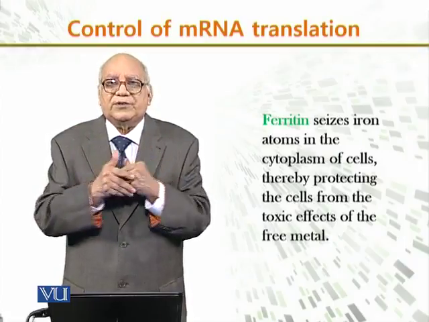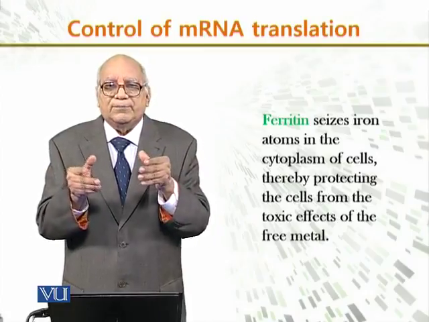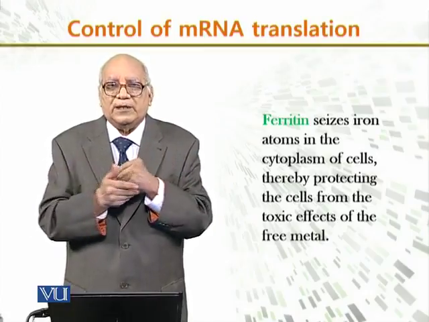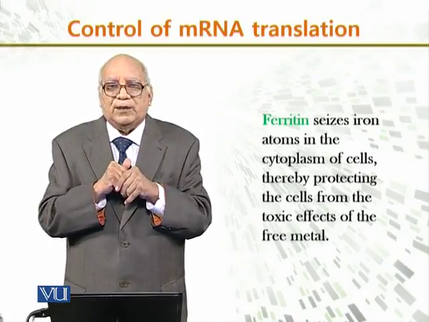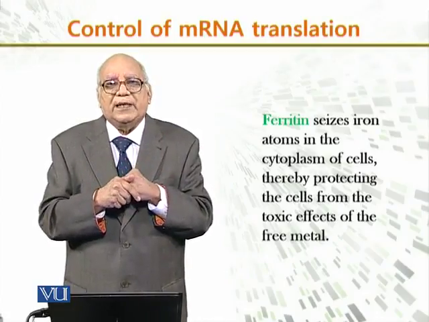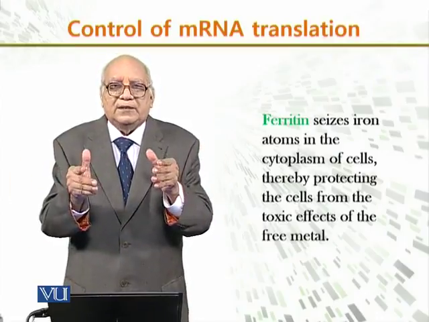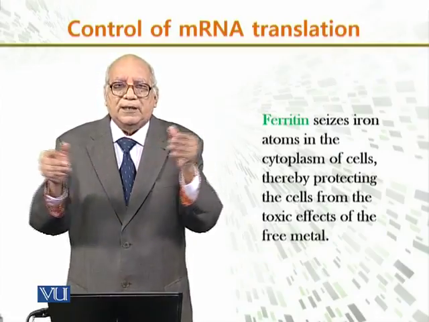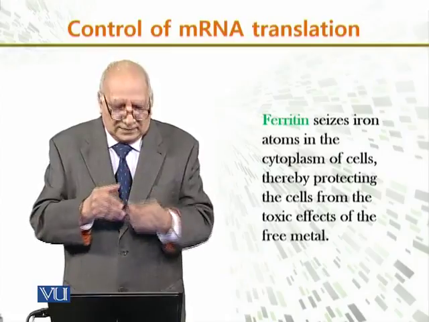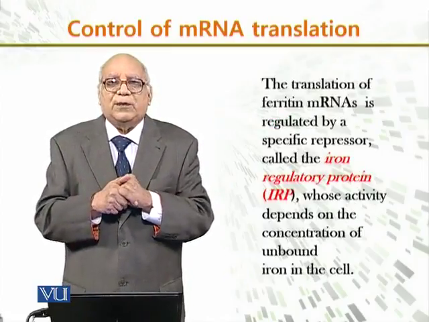When iron atoms are present in the body, ferritin combines with them in the cytoplasm, and thereby protects the cell from the toxic effect of the free metal. If excess iron is present, ferritin will attach and absorb it, so that there is no toxic effect of the iron to the body.